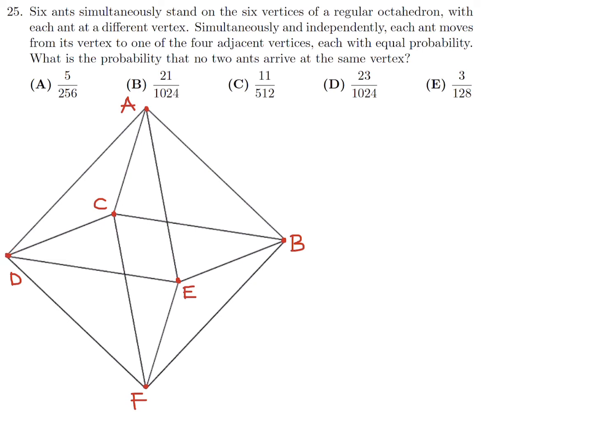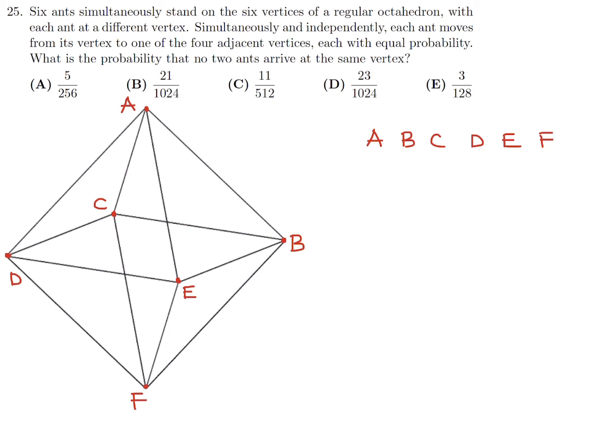What they're saying is that you want to create a situation that when they do move and land at some other adjacent vertex, no 2 ants are at the same vertex. So if they started in the positions of A, B, C, D, E, and F, when they move, they all have to land on a different vertex.